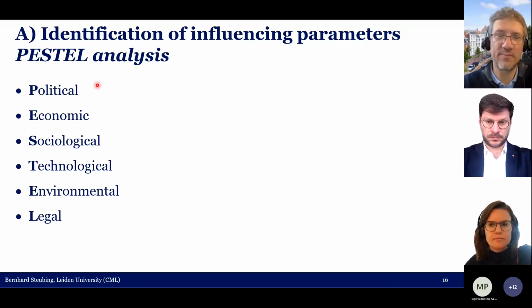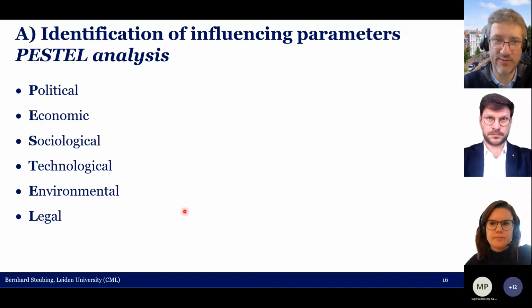So during the first step, we can perform a PESTLE analysis, and a PESTLE analysis is basically nothing but a structured brainstorming. You can see it as a table where you can fill in what comes to your mind in these different dimensions here: political, economic, sociological, technological, environmental, and legal.